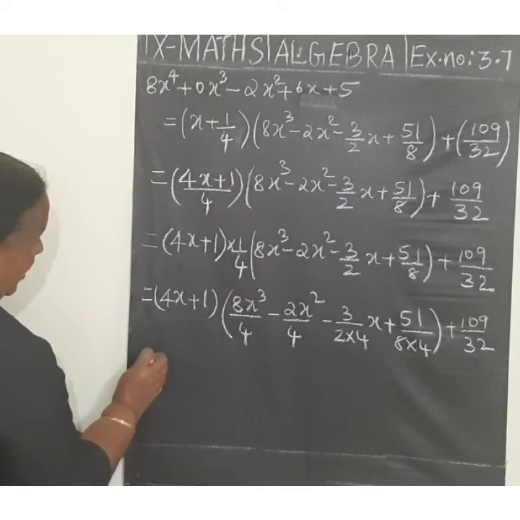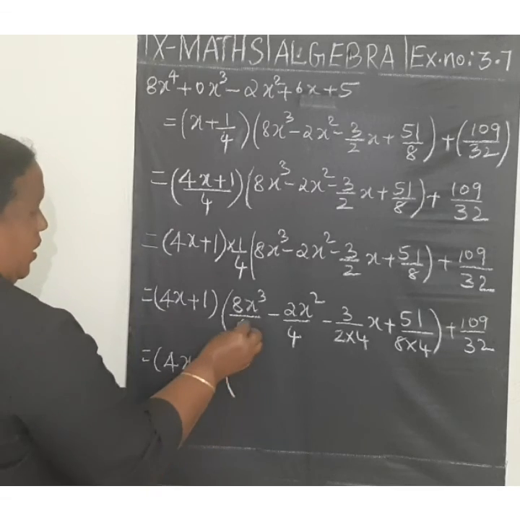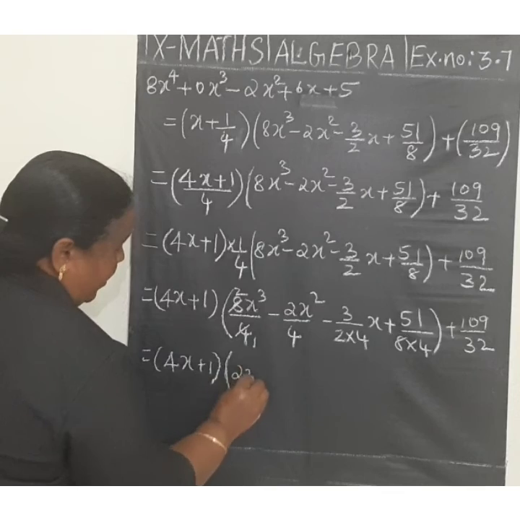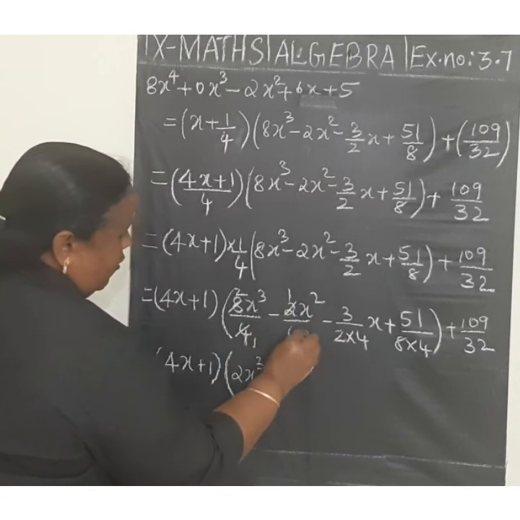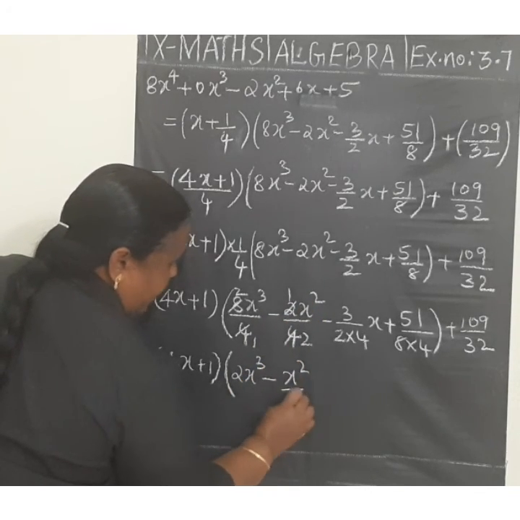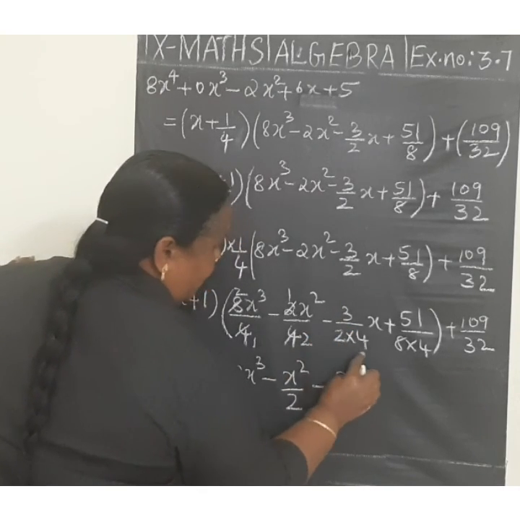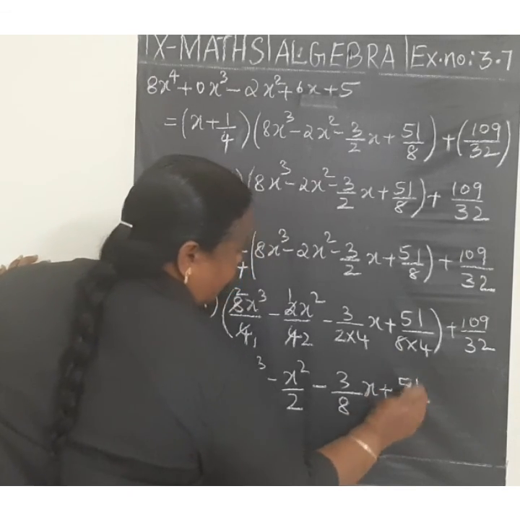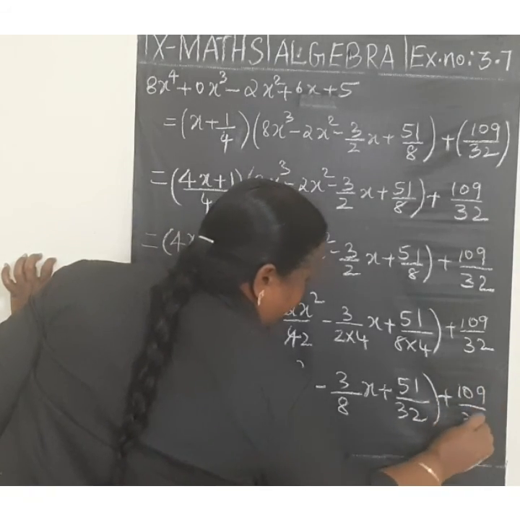So what we get here is 4x plus 1 into, now dividing: 1 4s are 4, 2 4s are 8, so 2x cube minus 1 2s are 2, 2 2s are 4, so x square by 2 minus 3 by 4 2s are 8 x plus 51 by 8 4s are 32 plus 109 by 32.